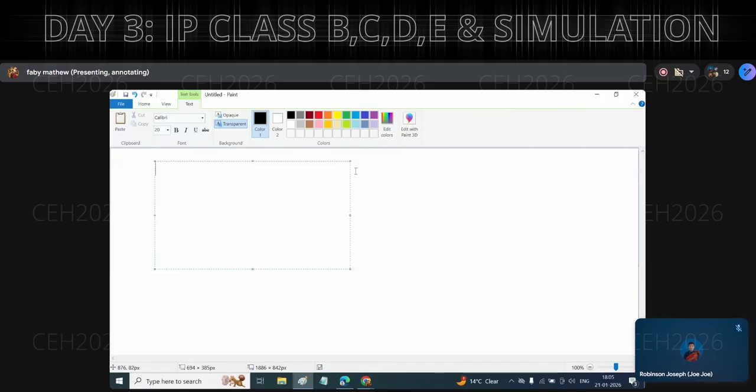I told you that in class A, there is one network part, the host part, then the range of the address is between 1 to 126. First octet represents the class.